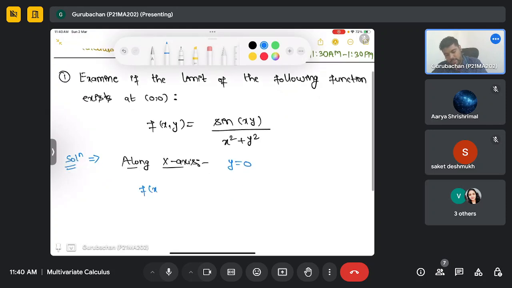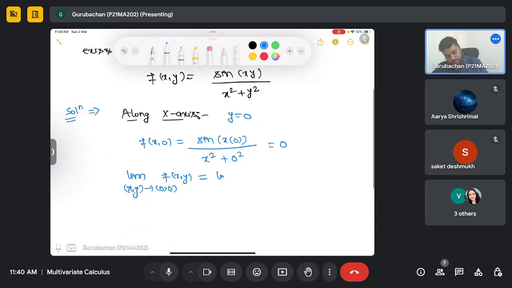So f(x, 0) will be sine(x times 0) divided by x squared plus 0 squared, which is nothing but 0. Now the limit of f(x, y) as (x, y) tends to (0, 0) is reduced to the limit of f(x, 0), which is 0.